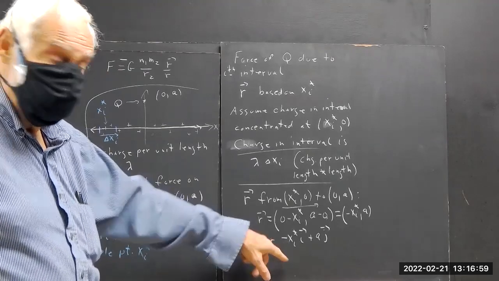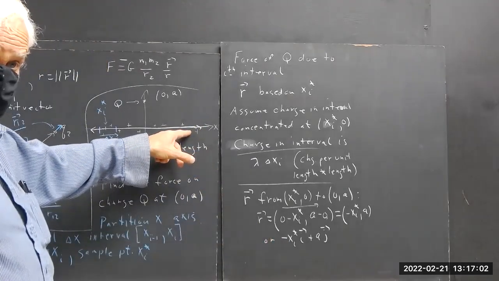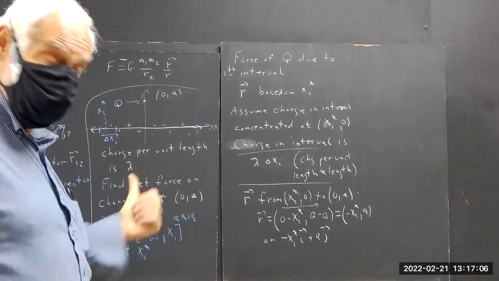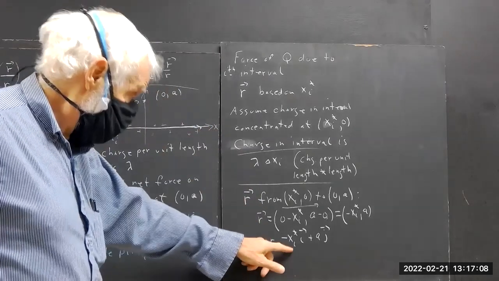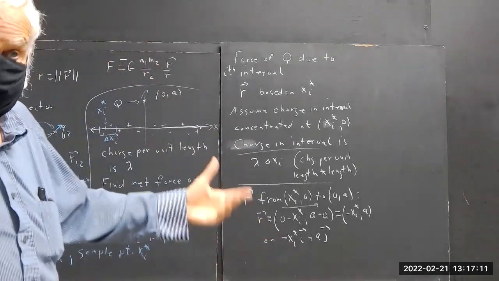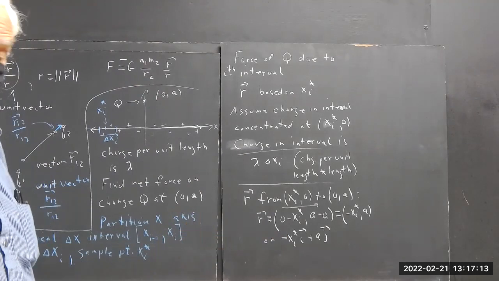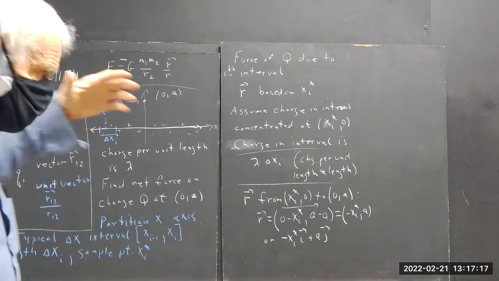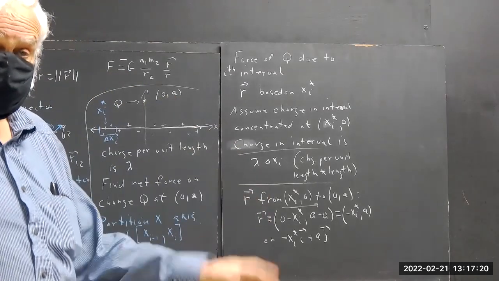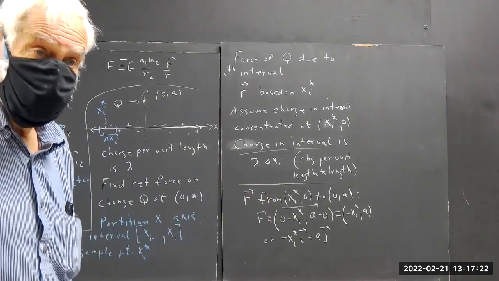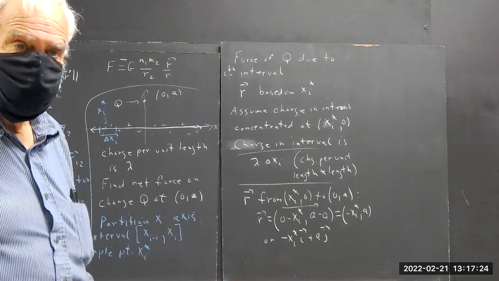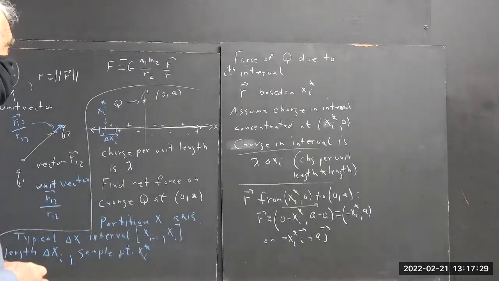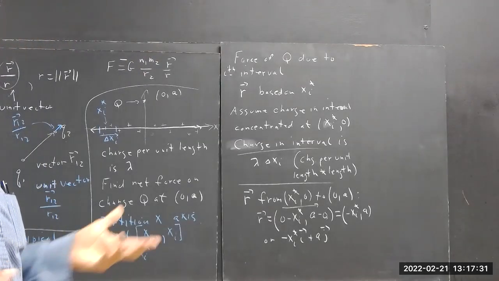Positive displacement. If I'd started at a positive displacement, then my displacement in the x direction would have been negative. And if xi star was positive, then negative xi star would be a negative displacement. So you've got to sort that out because it's a really common source of error, not just in physics, not just in calculus, everywhere. You have to keep these things straight, and you've got to be very careful with them because it's really easy to get them wrong.